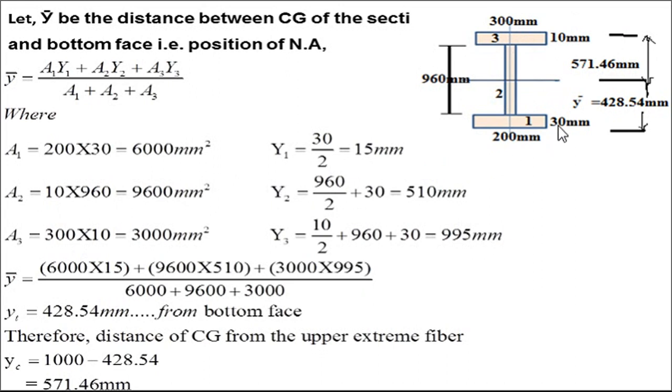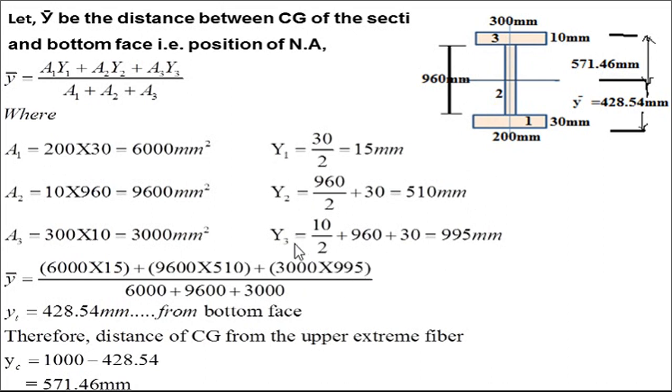Similarly calculate y1. Y1 means the center of the bottom portion from the bottom, 30 by 2. Then y2, the center of the web from the bottom, will be 30 plus 960 by 2. The center of the third figure will be y3: 960 plus 30 is 990, 990 plus 10 by 2 means 995 will be y3.